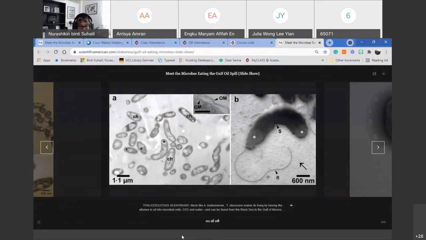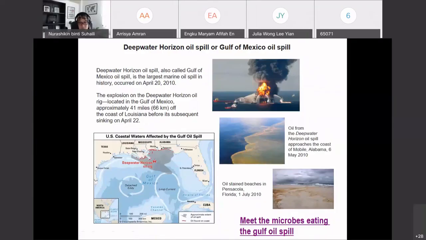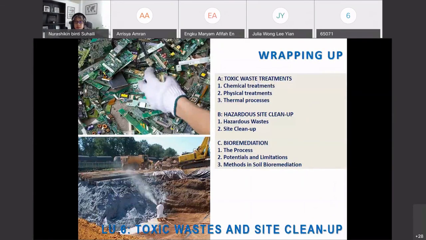So that's it for this topic. So what we have discussed in this chapter is the toxic waste treatments. What is toxic waste? First, we looked at the non-biotech methods: chemical, physical, and thermal.